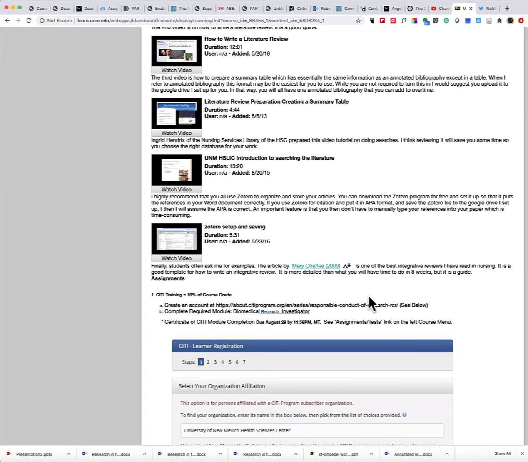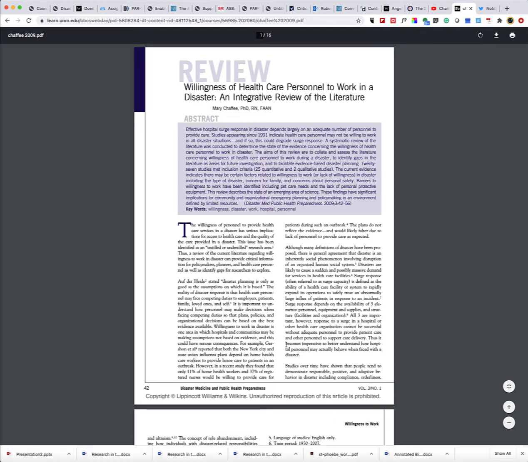If you download this article and take a look at it, I think that one of the things that you will find is that it will be a good guide for you when you're writing your papers.